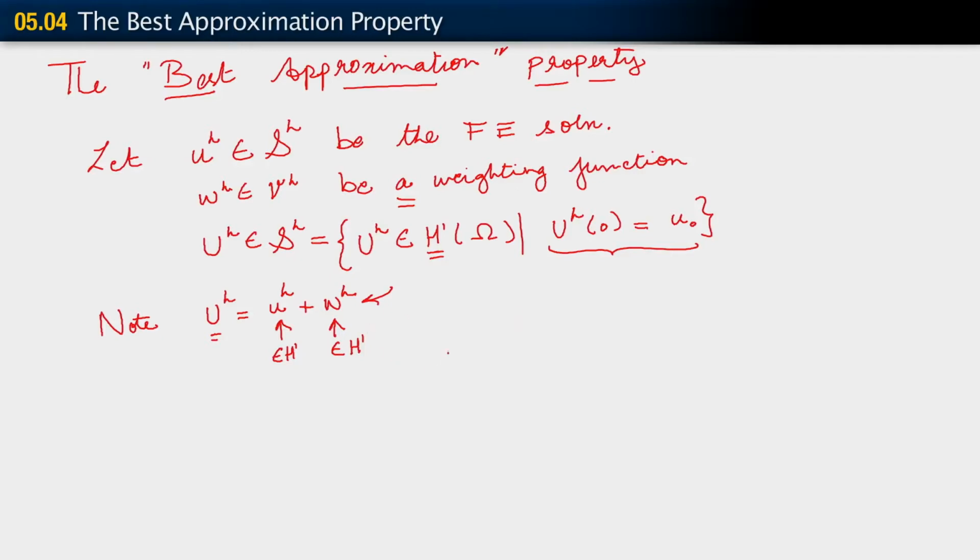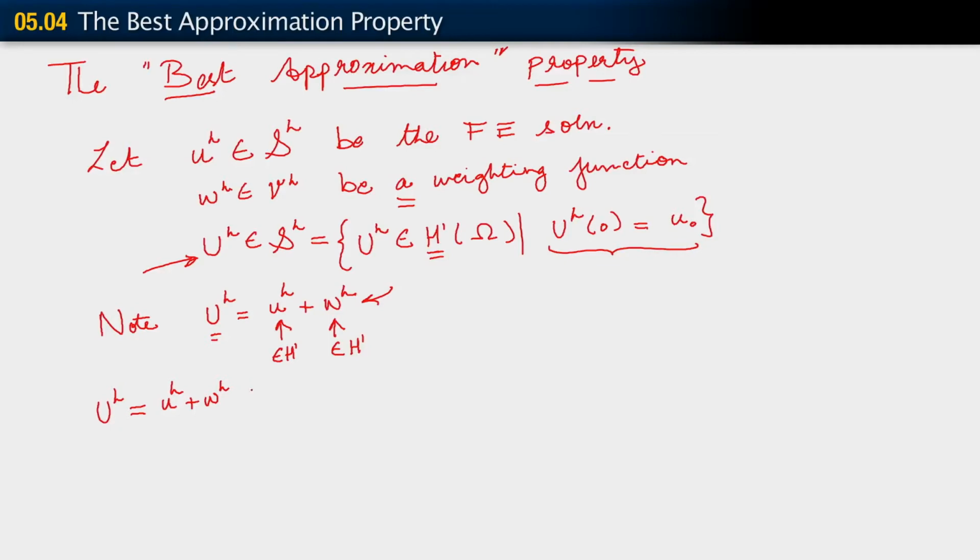So note that when we write capital Uh in this form, it does indeed satisfy all the requirements we have for this new set of functions, capital Uh. Let me just state that capital Uh equals little uh plus wh, where little uh is a finite element solution and wh is any weighting function.